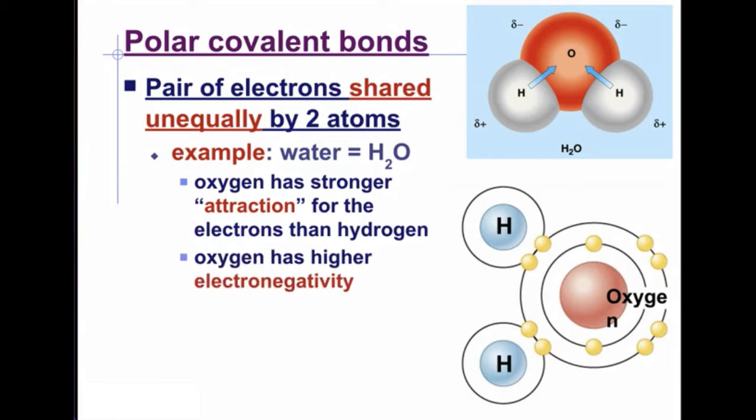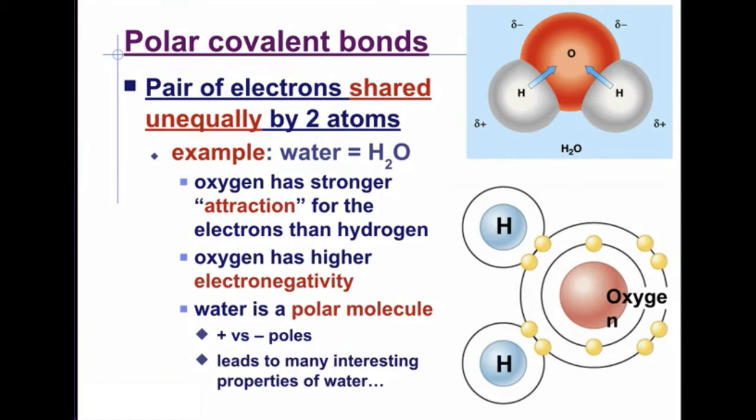Oxygen has a higher electronegativity, and water is a polar molecule. So positive versus negative poles are kind of like a tug of war. Because of these unequally shared electrons, this leads to many very good properties of water, which we'll discuss later.